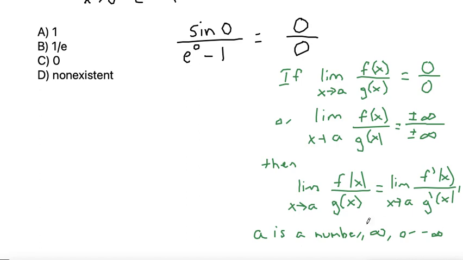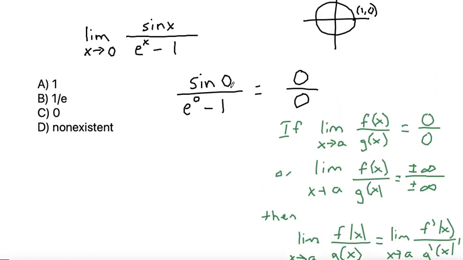Okay, so a has to be a number, infinity or negative infinity. Our a is a number because it's 0. And what we're doing is we're taking the derivative of the top and the bottom separately. So we're not using a quotient rule. We're just taking the derivative of the top and the bottom separately.